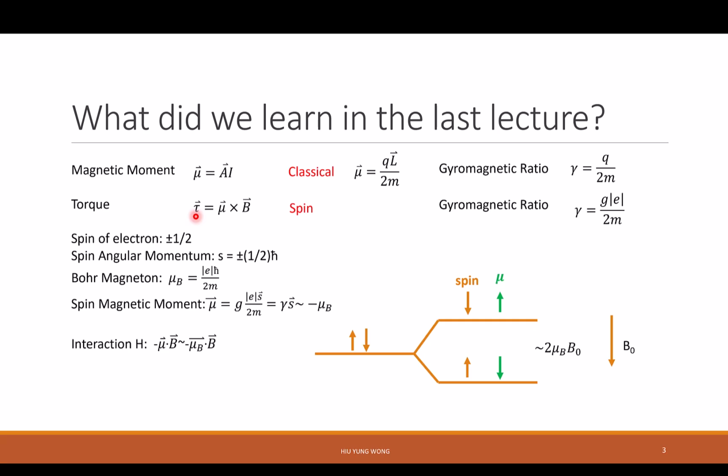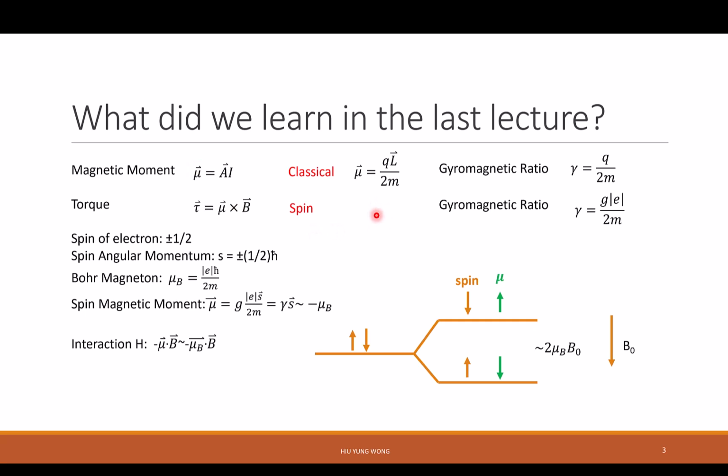And whenever you have a force and then movement, that is energy, a work done. So this is not that important. The point is the magnetic moment is going to interact with the external magnetic field to form a Hamiltonian, an energy. And that will govern how your spin, govern the equation of motion.